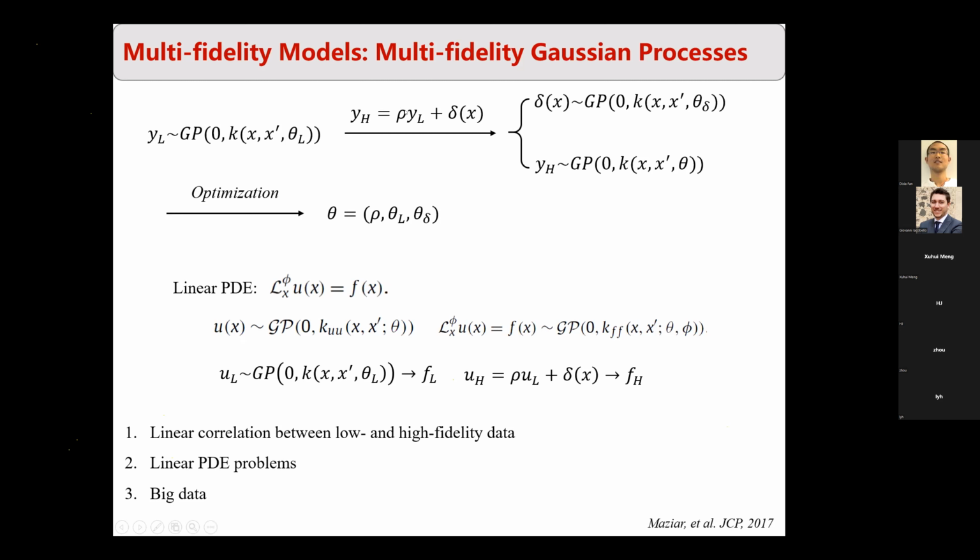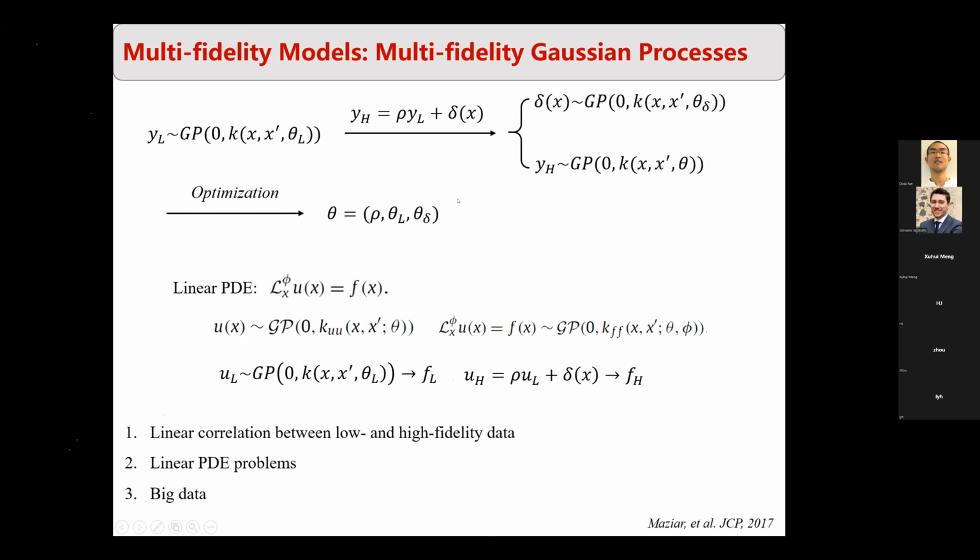Rho is an unknown constant, which will be determined by the data, and delta here is a bias, which is also approximated by a Gaussian process. So delta is a Gaussian process, and YL is also a Gaussian process. The linear combination of these two Gaussian processes is also a Gaussian process.